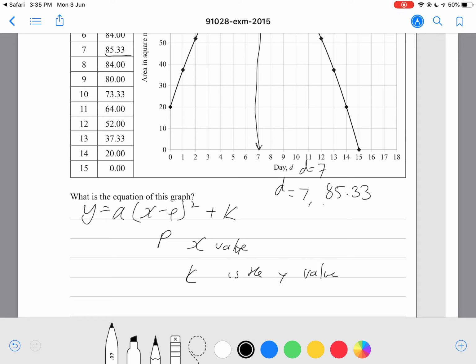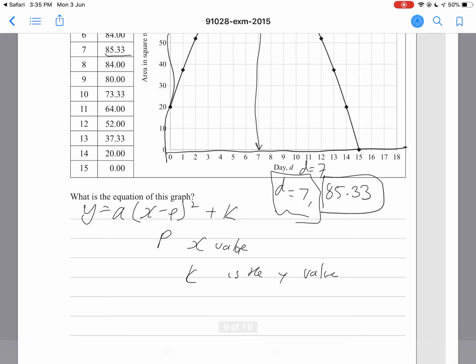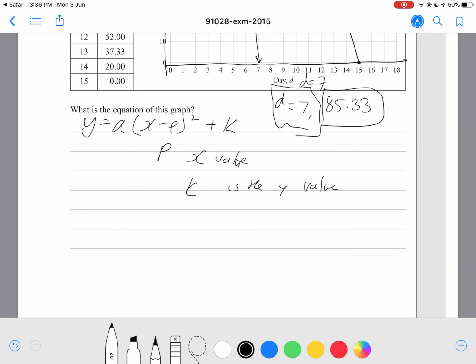Simply saying, d is the x, so this is the x-axis and the y-axis here. The x-axis is the days, so day 7, and the y-axis equals 85.33. So we're gonna say p is equal to 7 and k equals 85.33. So y equals a(x minus 7) squared plus 85.33.